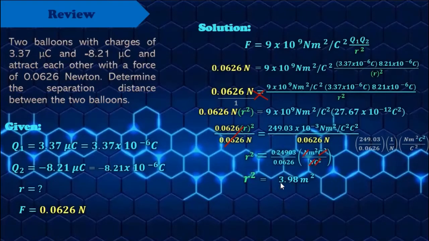Get the quotient, that's 3.98. What's left is meter squared. Now, to get the final answer, simply get the square root of this equation. And our final answer would be R is equal to 1.9 meters.